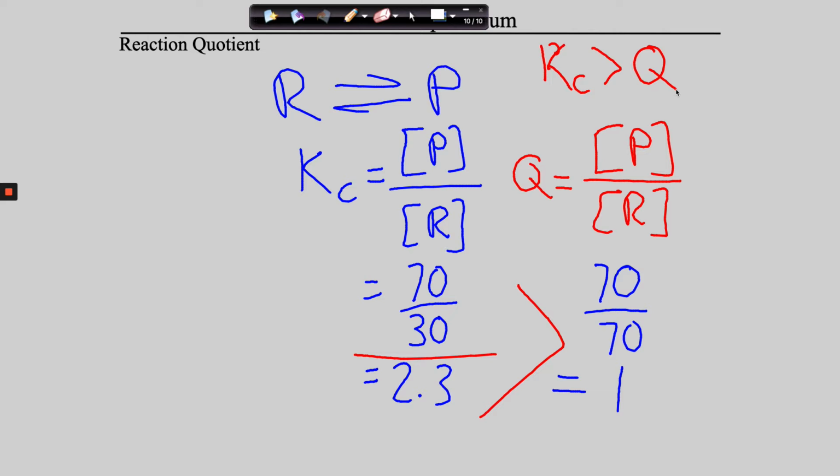When Kc is bigger than Q, this reaction will shift to the right in order to return to equilibrium. When Kc is bigger than Q, the equilibrium will shift to the right, or we could say it will shift towards products. It will make more product in order to get back to equilibrium.